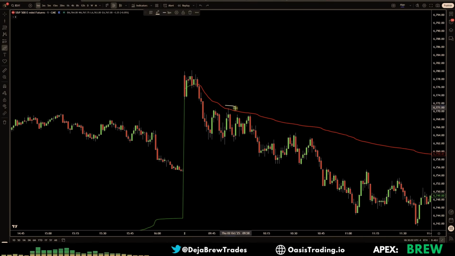You want to see some sell pressure around that VWAP, and with that trade, the target is always the prior low. So whatever the low was before the pullback into VWAP, that is your target. So the bear flag into VWAP, we are shorting the pullback into VWAP.